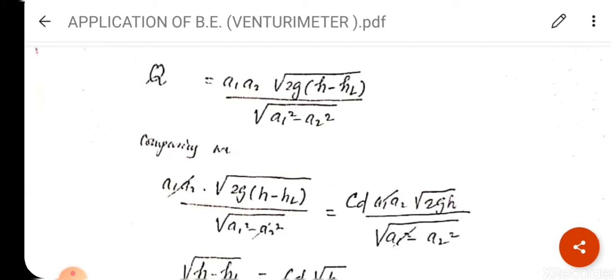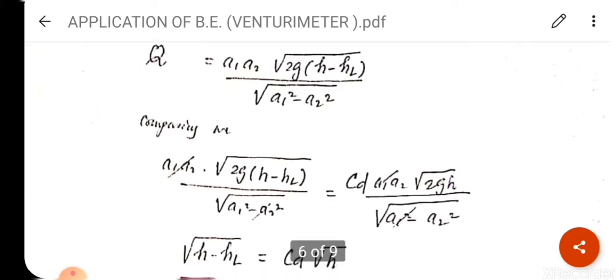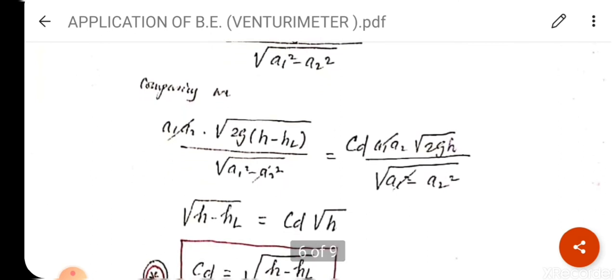I have considered the flow with head loss, means actual discharge, and we can also get actual discharge by multiplying the theoretical discharge with CD. Comparing both the equations, the first one is considering head loss, the second equation is multiplying by CD.